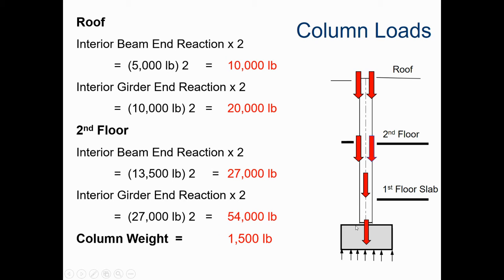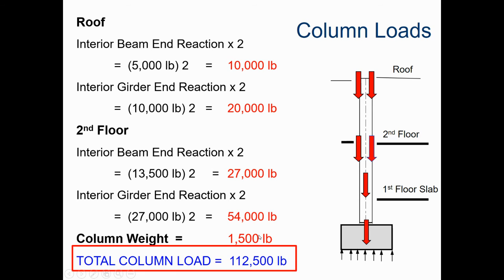And so if that's the case, then we could say that this column itself is 30 feet tall times that 50 pounds gives us 1,500 pounds of load for that actual column itself. So now what we're going to do is add up all of these loads to get a total column load of 112,500 pounds. So that's the loading that's happening right here at the bottom of that column.